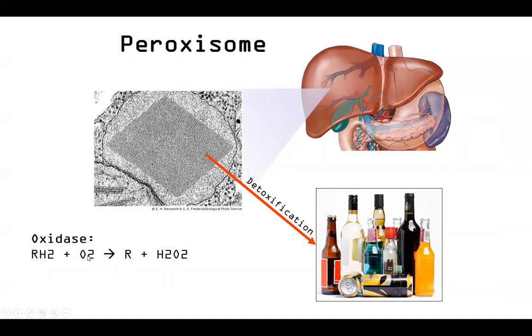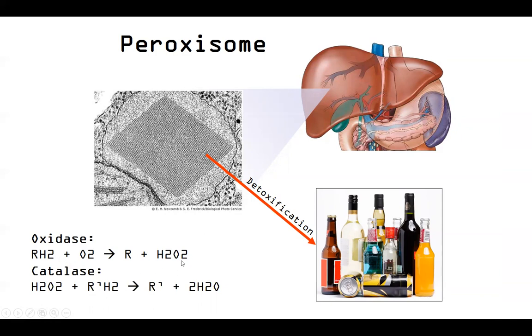We're going to be using our molecular oxygen, and we are going to create H2O2, which is hydrogen peroxide. You probably know that that's not great to have hanging around inside your organelles either. So we'll have a second group of enzymes called catalases, which are going to use this hydrogen peroxide to further remove hydrogens from other chemicals.